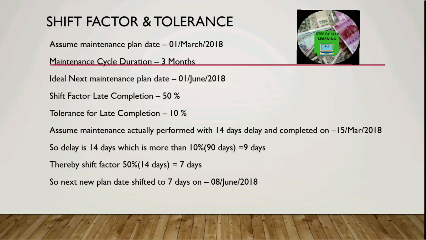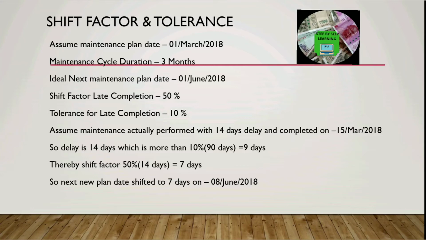If you want this scenario, we can use shift factor late completion. So by using 50 percentage, what will happen? The delay is 14 days, which is more than 10 percentage. So tolerance first comes into the picture. Tolerance means if the delay is only within 10 percentage, 10 percentage means 10 percentage of the shortest cycle duration.